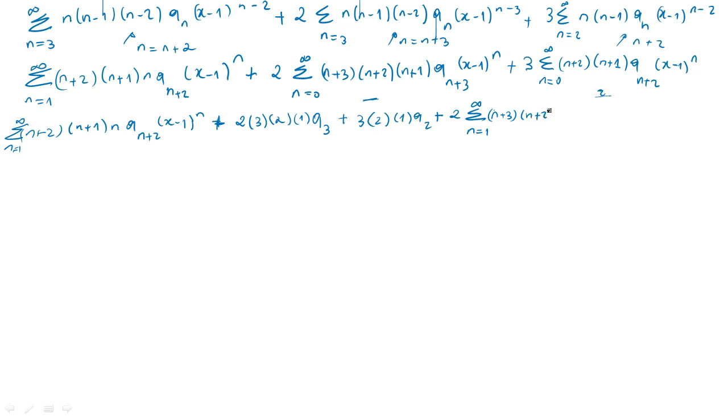n plus 2, n plus 1, a_(n+3), (x minus 1), so plus this term 3, now starting from 1 to infinity, n plus 2, n plus 1, a_(n+2).